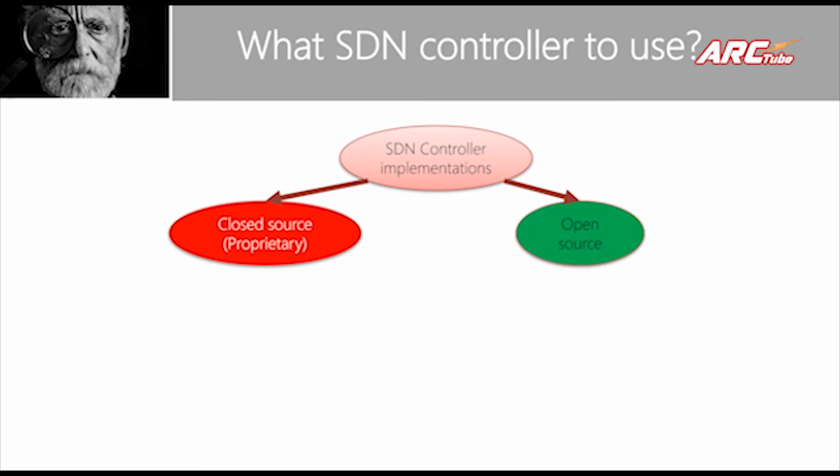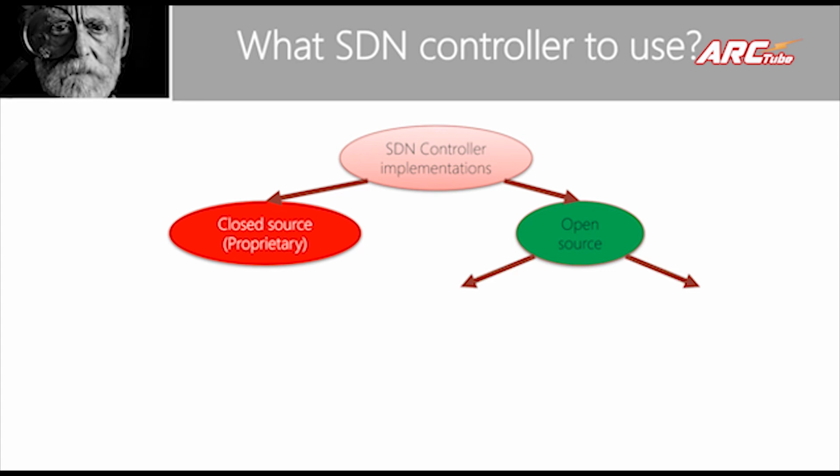Now, of course, closed source proprietary could come from a vendor, or you can have your own proprietary, but it's very unlikely. And when it comes to open source, of course, you can use open source directly. If you are a service provider, you can just download the source code of the relevant SDN controller, and then you can just use it. But otherwise, we have a lot of vendors supplying SDN controllers based on open source implementations.